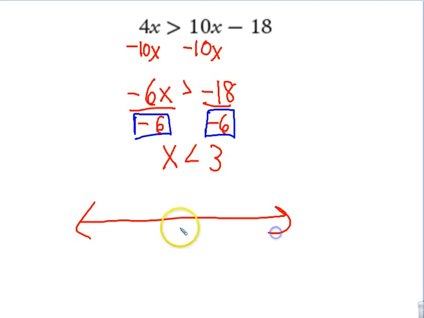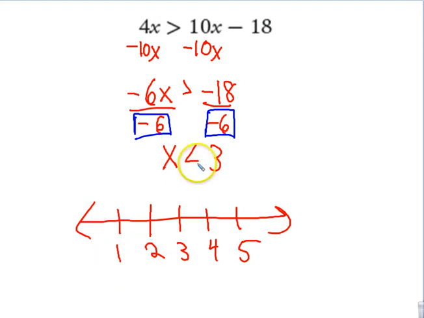Okay, so then we graph it. 3, 4, 5, 2, 1. Okay, this is less than. Is it going to be an open circle, or am I going to draw in the circle that's filled? Remember, the open circle says it does not include the number 3.